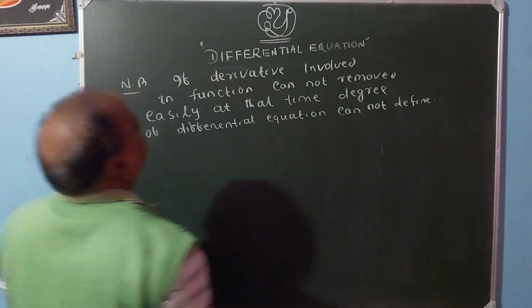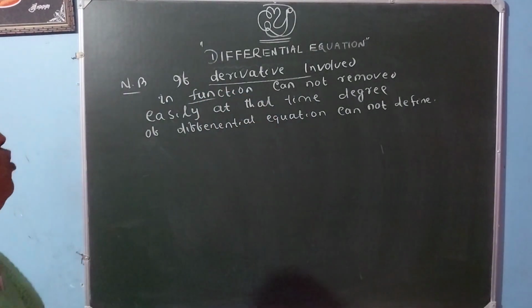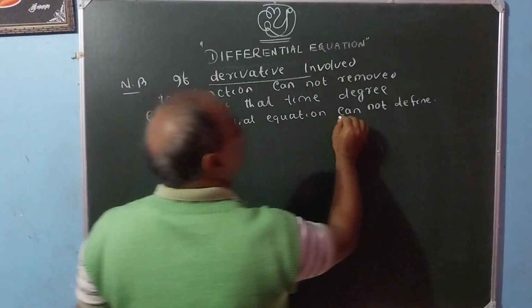Remember, if the derivative is involved in a function which cannot be removed easily, at that time degree cannot be defined.